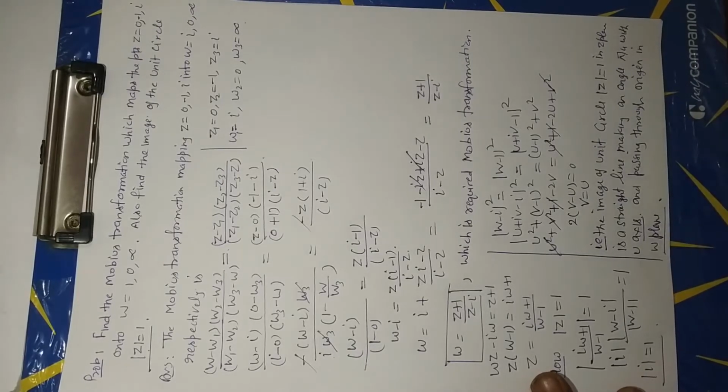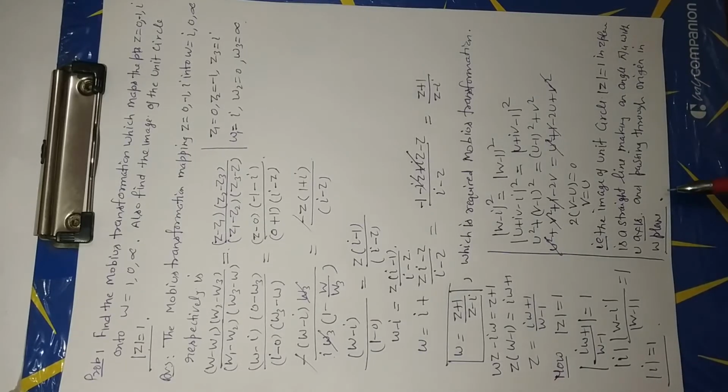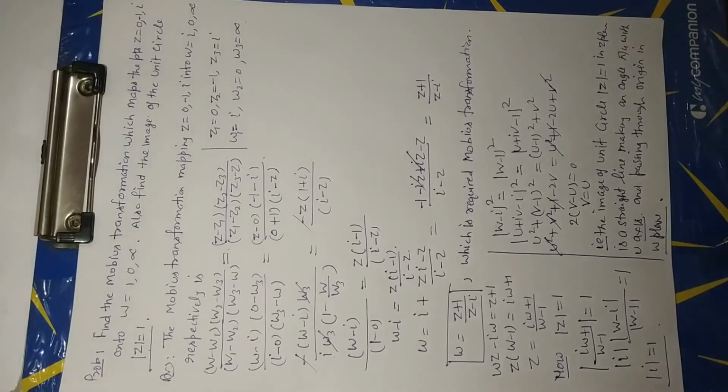Now repeat. The image of the unit circle in the z plane is a straight line making an angle 45 degrees with the u axis and passing through the origin in the w plane. This is the required answer.